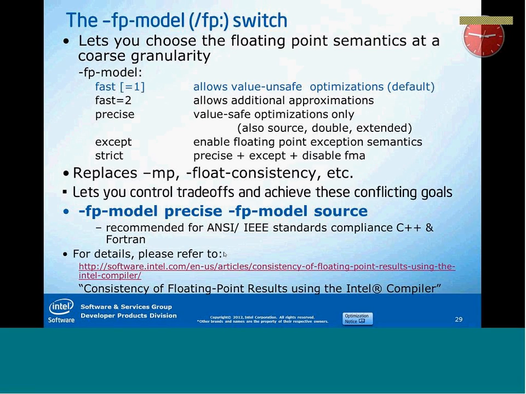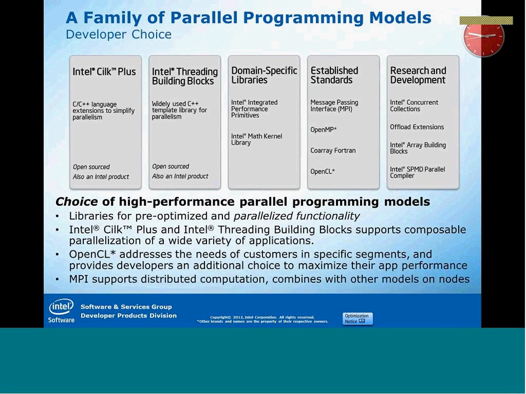Basically, the compiler offers you knobs where you can control your priority among those three objectives.